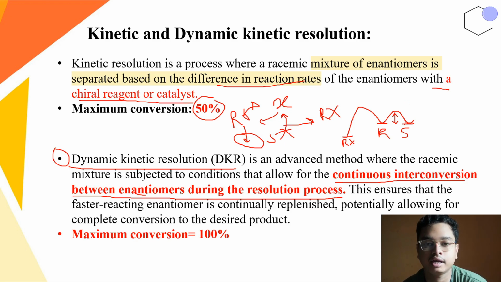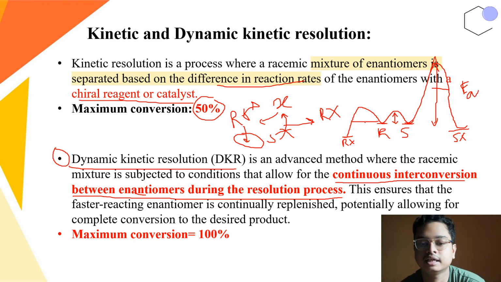And if a reaction doesn't happen, in kinetic studies we can say the activation energy of that reaction is very high, and that's why the reaction does not happen. So that means if SX were to form, it would require very high activation energy. So obviously the reaction will go via this pathway.